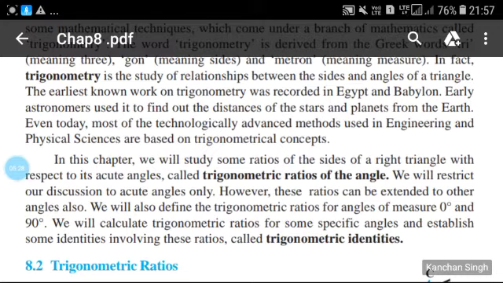We will study acute angles, but in some cases we will also define the trigonometric ratios for angles of measure 0 degrees and 90 degrees. We will calculate trigonometric ratios for some specific angles and establish some identities involving these ratios, called trigonometric identities.